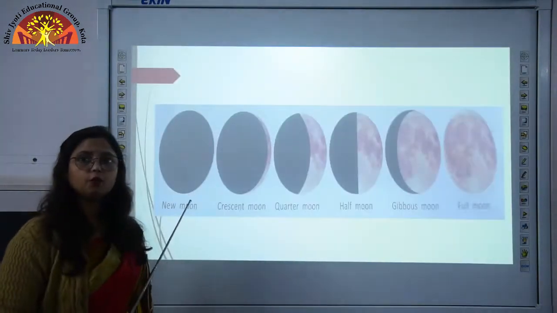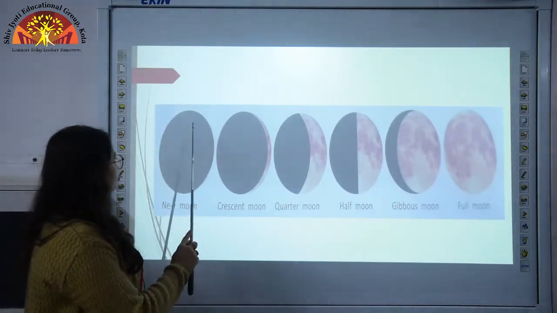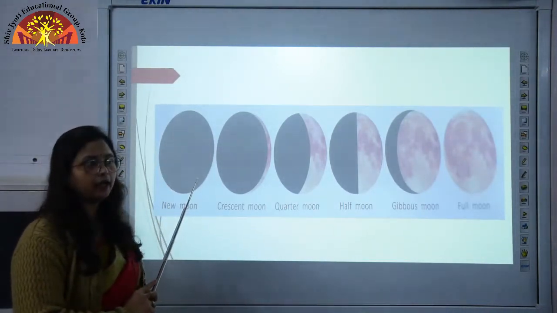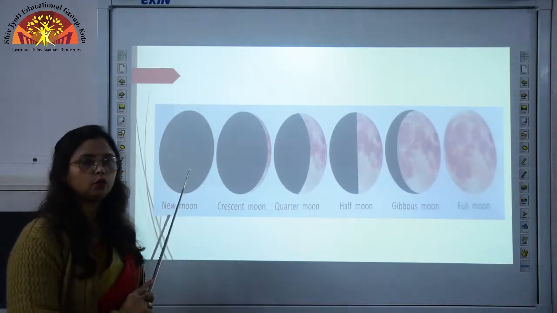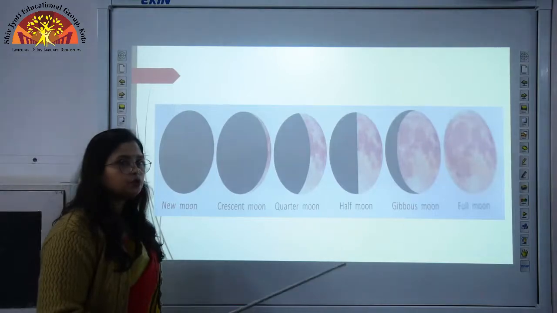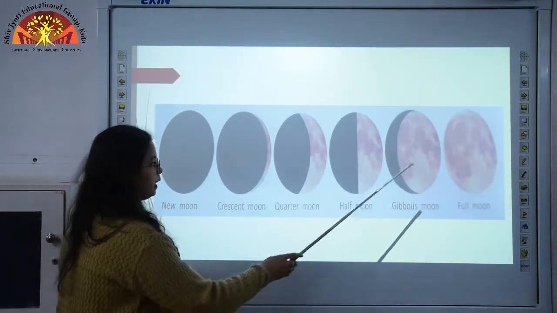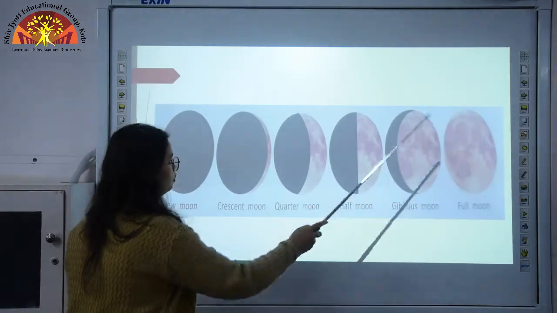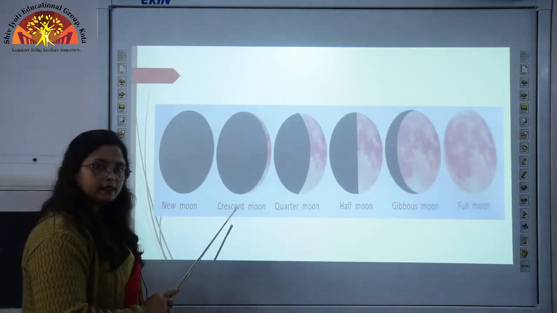So children, the moon changes its shape every night. Sometimes you do not see any moon in the sky. This phase is called no moon or new moon. Sometimes you see a complete circular moon in the sky glowing brightly, that is called full moon. When you see a very small part of the moon, it is called crescent moon.